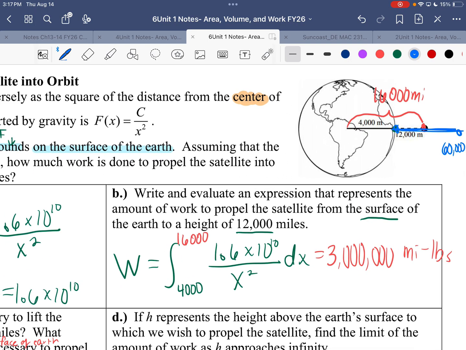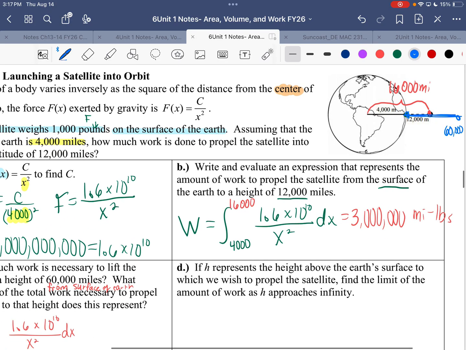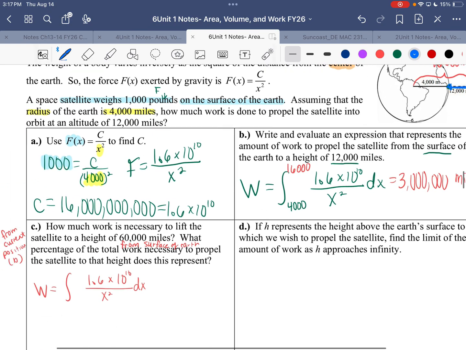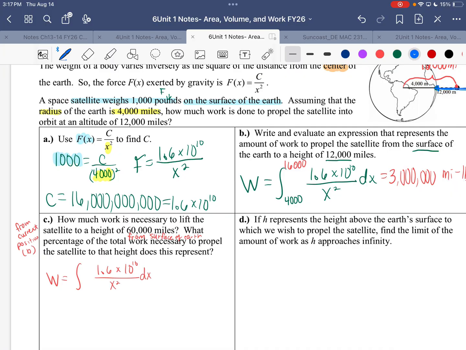The displacement between those two is like 48, something like that. But what should my lower boundary be if I'm saying from its current position? 16,000. And what's my upper boundary going to be? 64,000. Because 60,000 is from the surface of the Earth, and we're going 64,000.